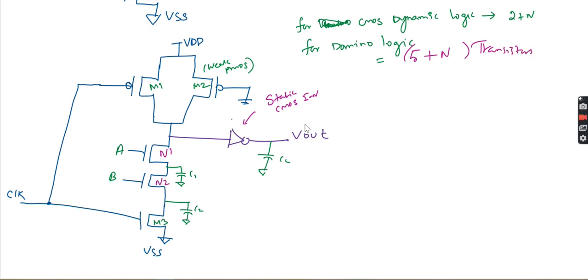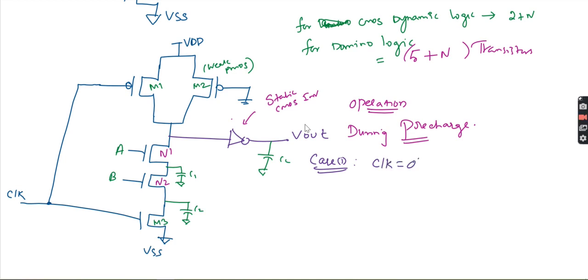Okay, so now you can see the first operation. How can we do the operation here? Let us go for the operation during pre-charge, like case 1, or clock equal to 0.